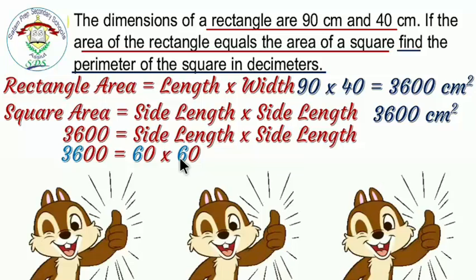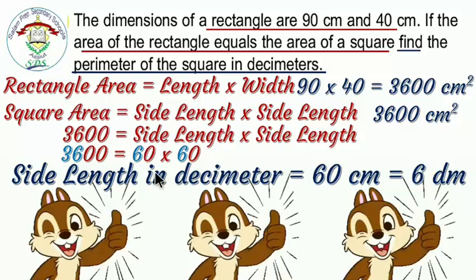The next number has the second zero because in times we put zeros out. Now, what times what equals 36, but with a condition: the two numbers are the same. We know 36 equals 6 times 6. So the side length equals 60 centimeter. Side length in decimeter equals 6 decimeter.